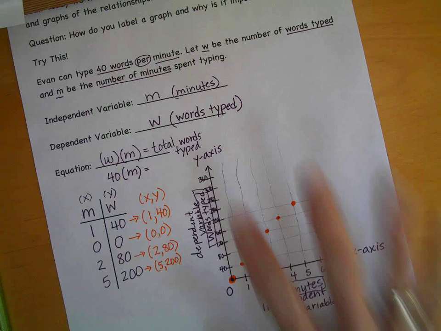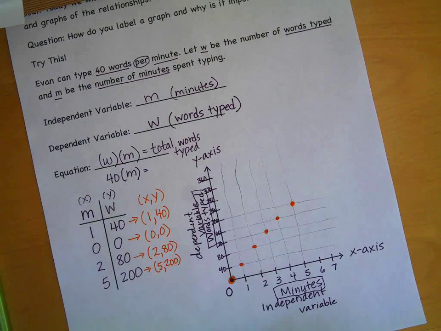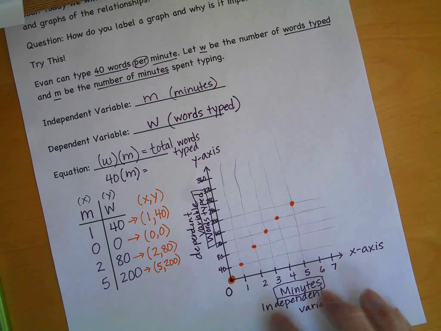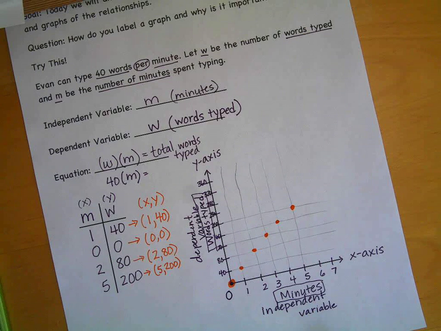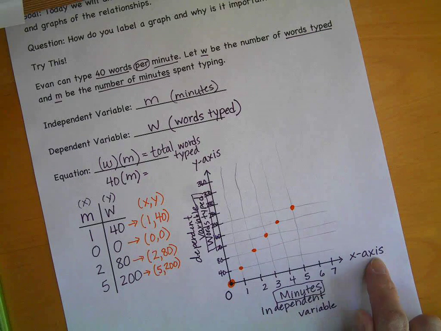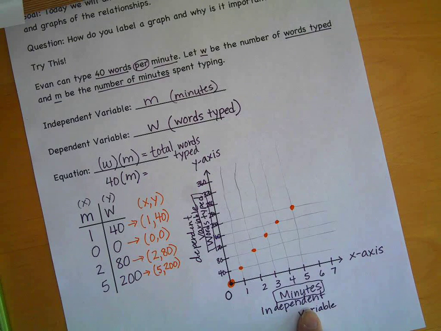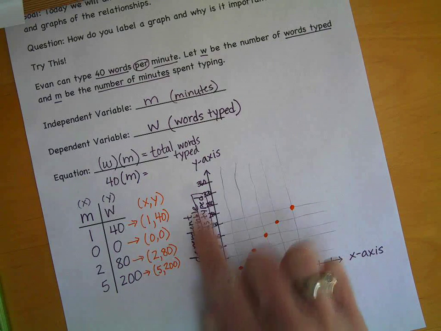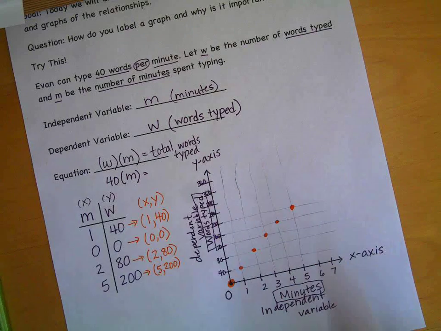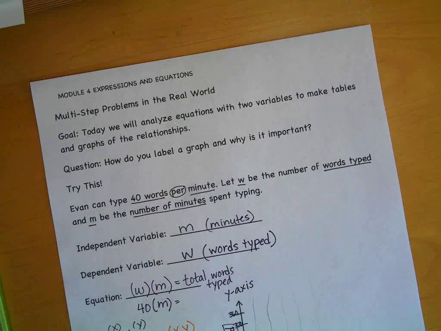Labeling the graph is probably one of the most important things to do, because if I just took this graph without any of the rest of this information, a mathematician could tell me exactly what's happening, because we told them that by putting the minutes here, that it's the independent variable, it has to sit on the x-axis, and the words typed depends on the minutes typing. So the dependent variable is always on the y-axis, and it has to be labeled. So this is why it's important to label everything so that someone who's reading your graph can understand what's going on.